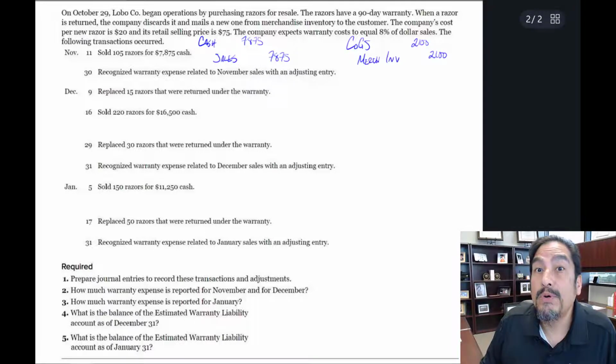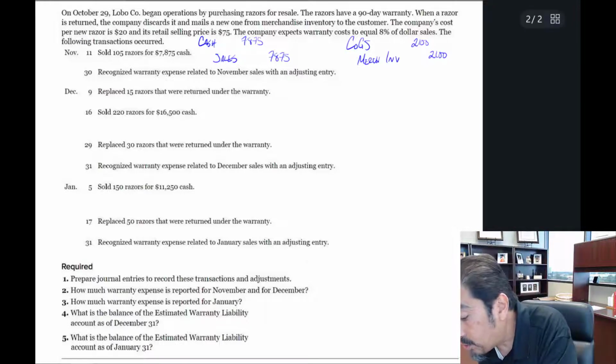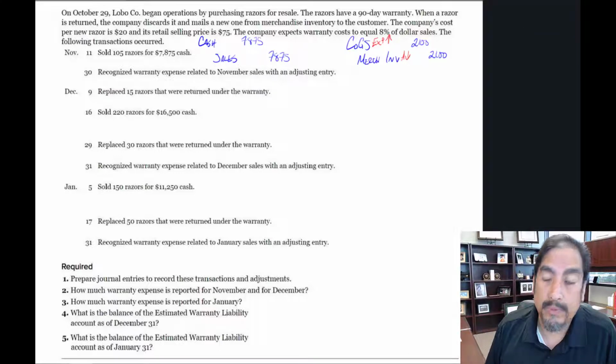This is moving the cost of the 105 razors out of the inventory account with a credit and over to the expense account called cost of goods sold with a debit.